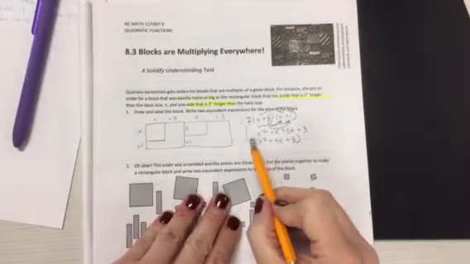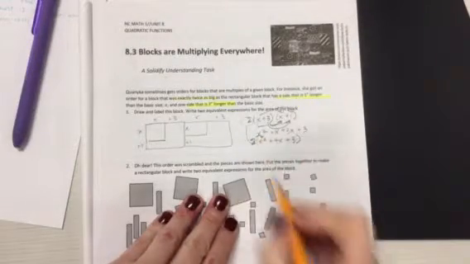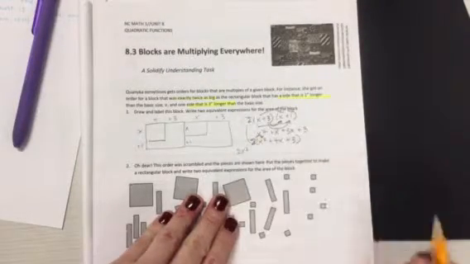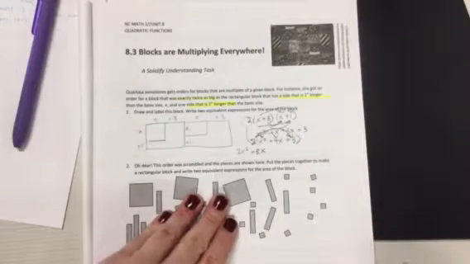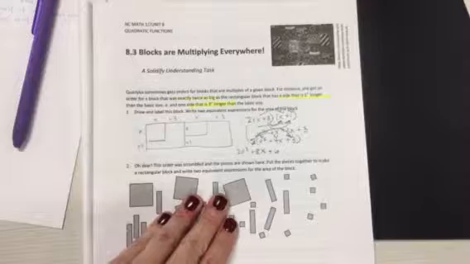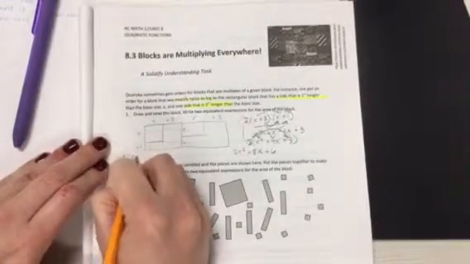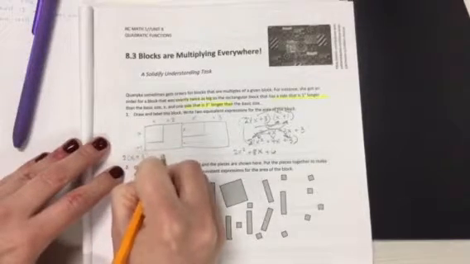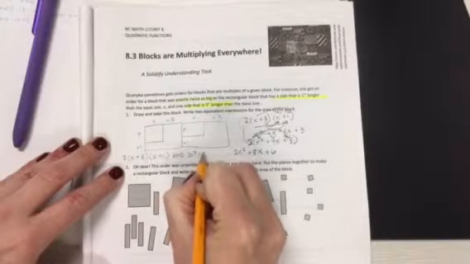So I'm going to distribute the 2 to all of the terms of my trinomial. So 2 is going to go to the X squared, so I get 2X squared. 2 is going to go to the 4X, so I get 8X. And then 2 is going to distribute all the way over to the 3, and I'm going to get 6. So our 2 equivalent expressions could be 2 times X plus 3 times X plus 1, and 2X squared plus 8X plus 6.